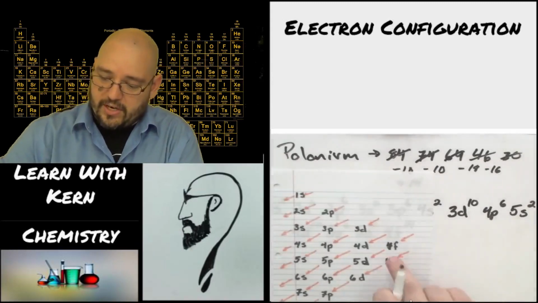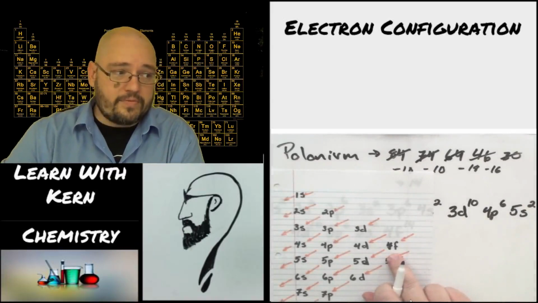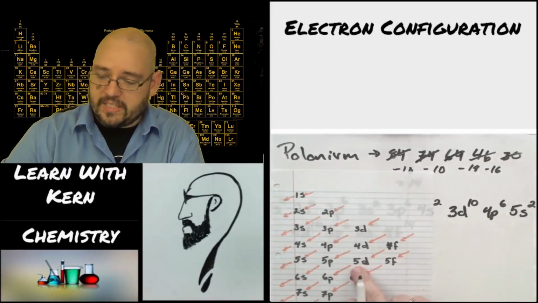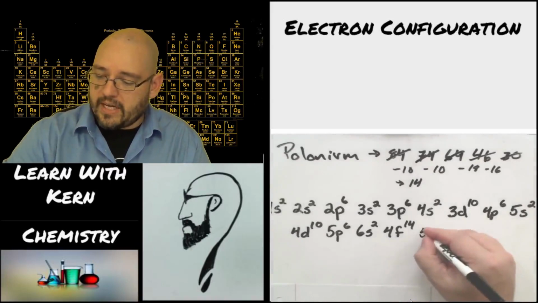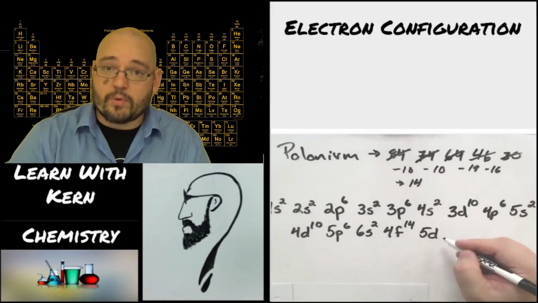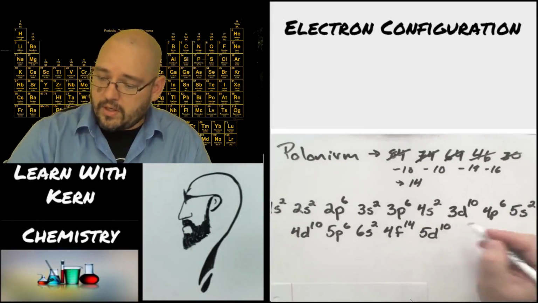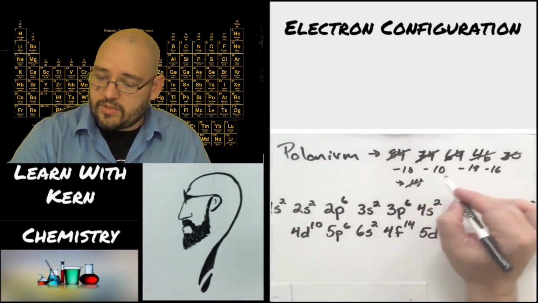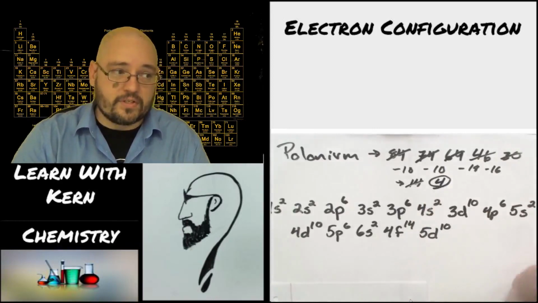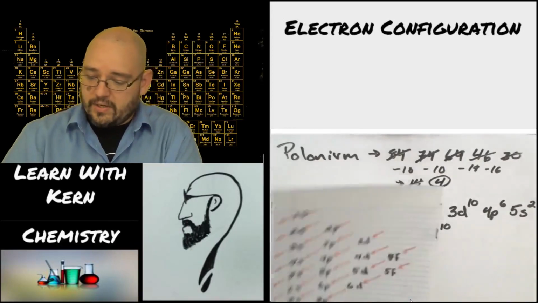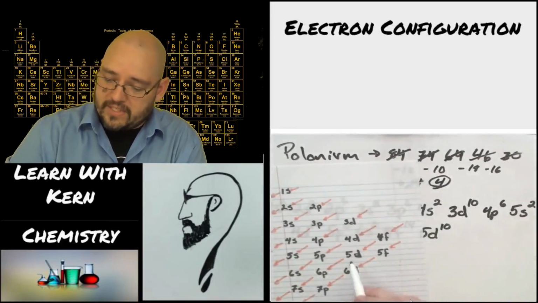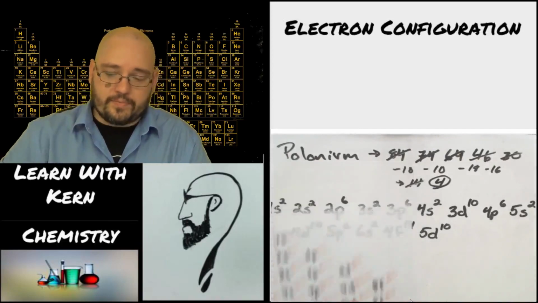And I was just at 4f. So the next one is 5d. So I write 5d. A d orbital holds 10. All right, so I've just used 10. So I now only have 4 electrons left to place. And the next spot after 5d is 6p.